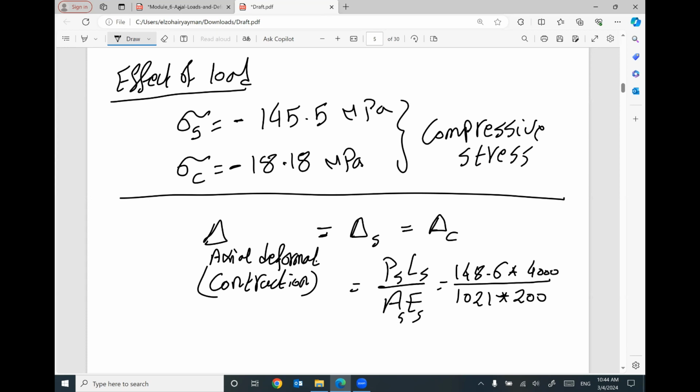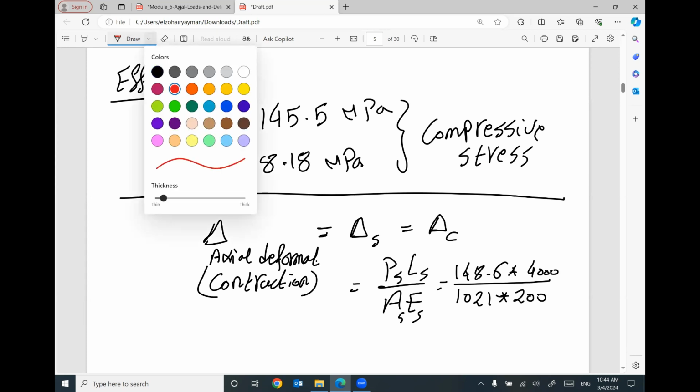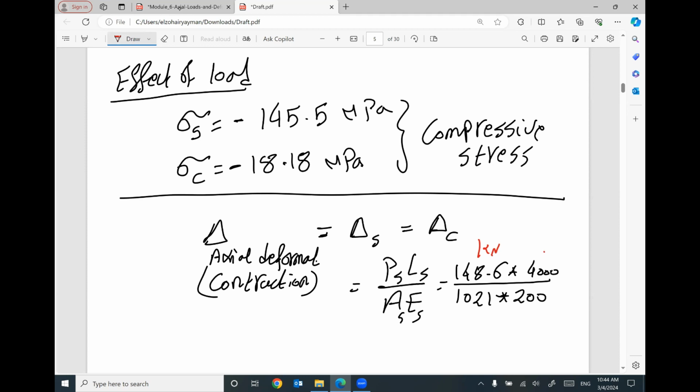In this one, I have to make sure the units are matching. This one in kilonewton, this one in millimeter, this one in millimeter square, this one is gigapascal. So I have to adjust. I can keep it in gigapascal since this one in kilonewton, or you can multiply this one by 1000 and this one by 1000.